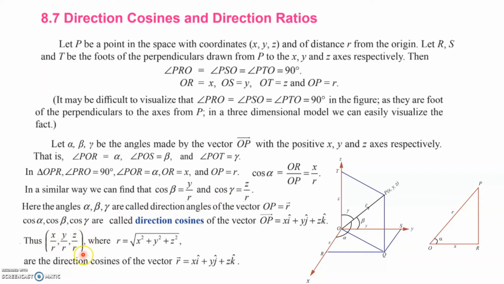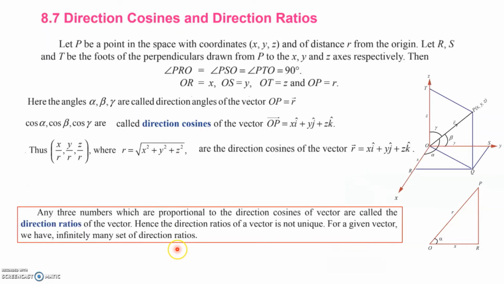So this set is called the direction cosines of the vector r equal to x i cap plus y j cap plus z k cap, where r is equal to the square root of x squared plus y squared plus z squared. Further, any three numbers which are proportional to the direction cosines of a vector are called the direction ratios of the vector.